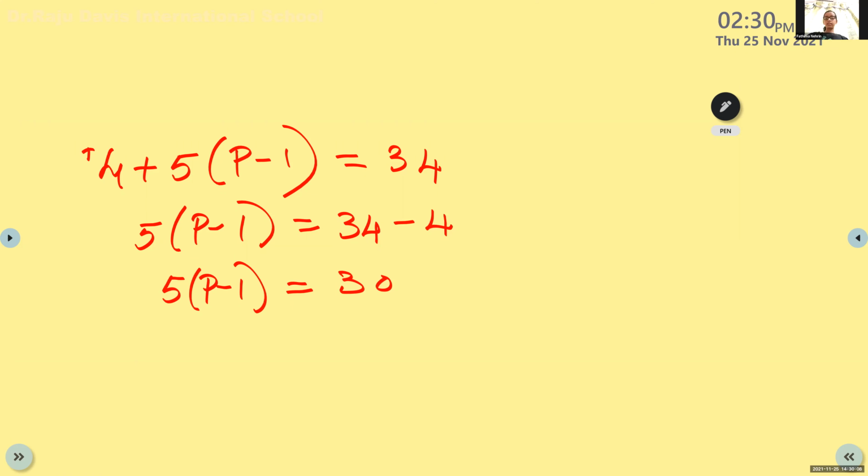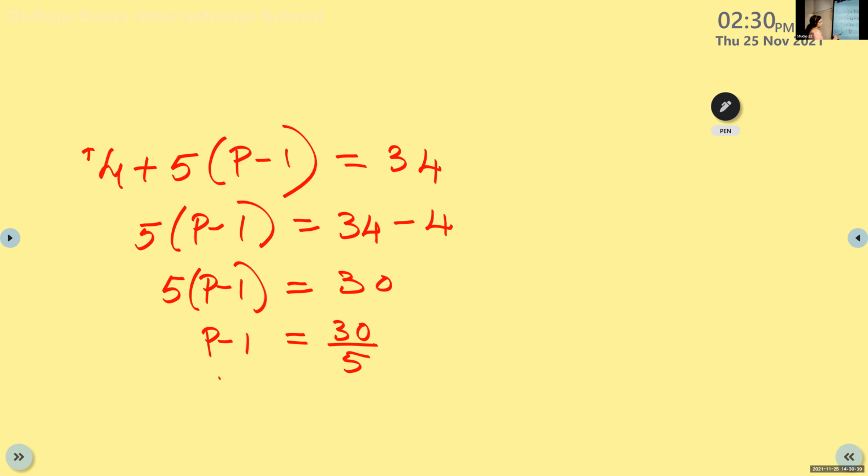Now how to do it? Pranav, next step. Yes, ma'am. 5 into p minus 1 is equal to 30. Then 30 divided by 5. 5 is multiplied here, so when you take it to the other side, it becomes denominator.